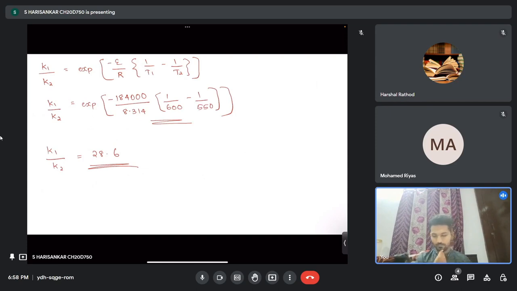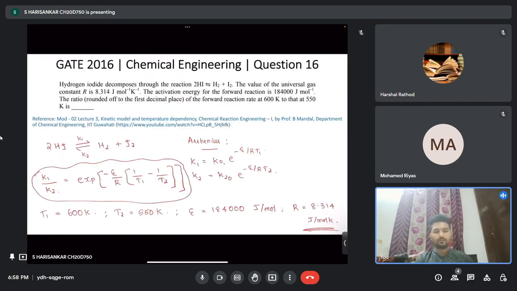So yeah, as you just saw, this is basically a straightforward application of our Arrhenius equation. All we have to do is write the reaction rate constants in terms of Arrhenius theory, divide those two, and substitute all these values, and finally you will get the final answer as 28.6.